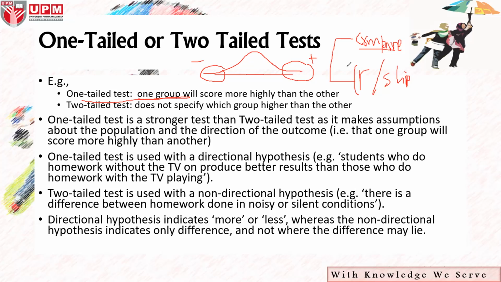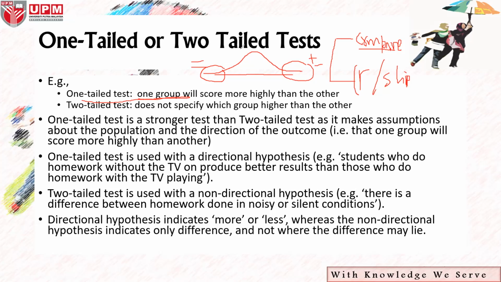That one is an example of a two-tail test. Two tail means that we do not know whether the direction of the relationship is negative or positive. One tail, we specify whether the direction is negative or positive.